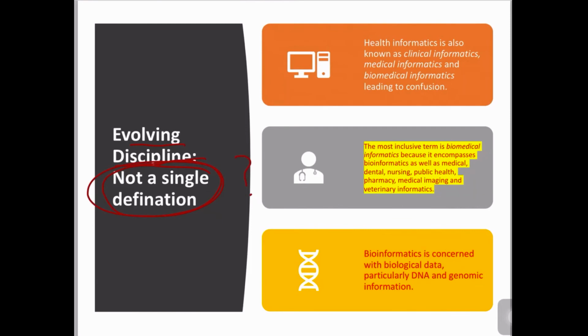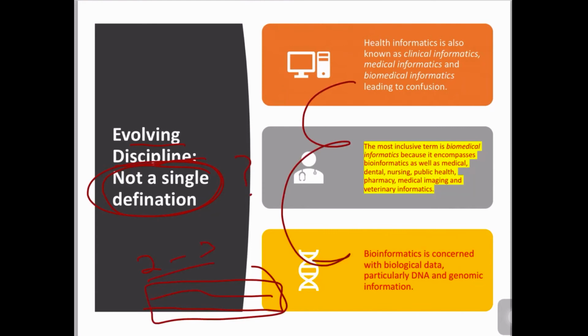So maybe after 2 to 3 years we will have one universal definition clearly defining biomedical healthcare informatics, but not now. Here we try to distinguish between these definitions. In general, we say healthcare informatics is also known as clinical informatics, medical informatics, biomedical informatics, leading to confusion, as I said.